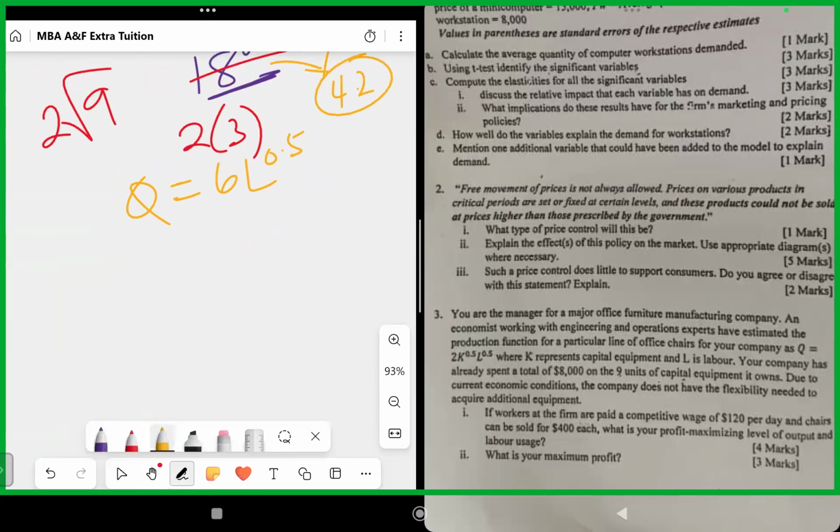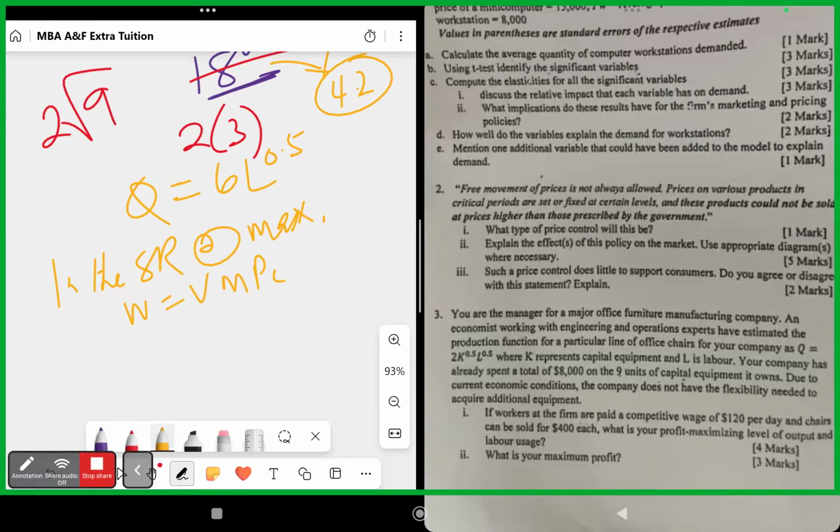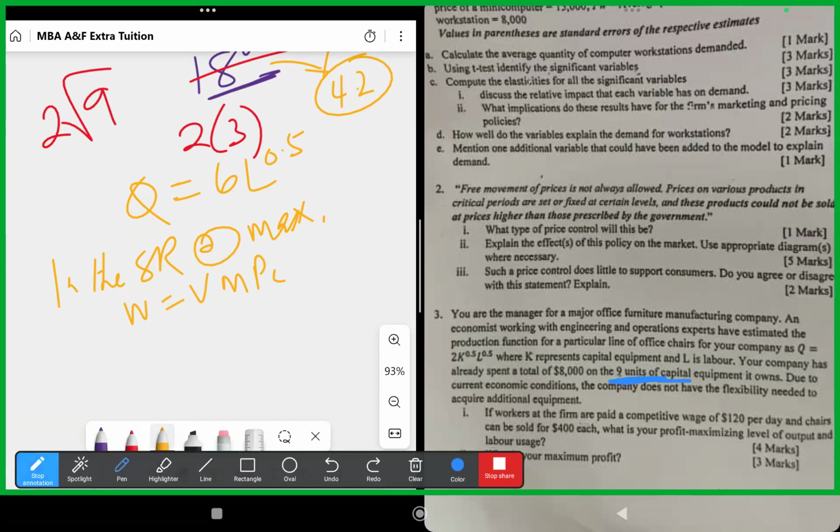Then you go with your wage. It's the short run, so in the short run, at maximum, W equals VMPL. So what is our wage? The question says a wage of 120 per day.